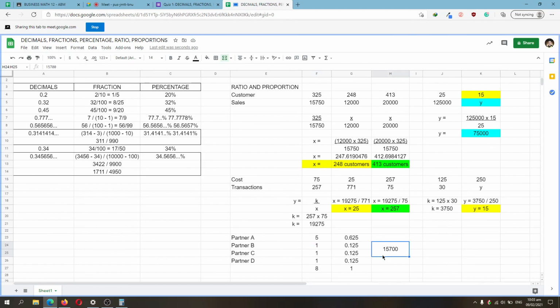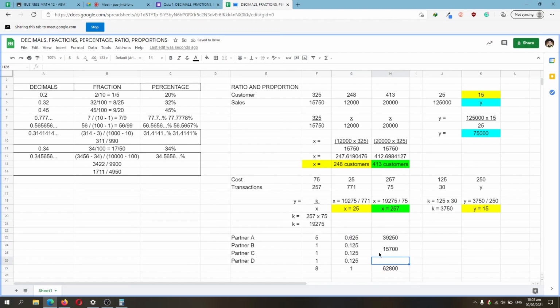Tapos ito daw. So, dapat ang total is 15,700. So, paano natin kukunin? Madali lang. That is, kunin natin itong 15,700. I-divide natin doon sa proportion. So, ang proportion yan is 2/8. Diba? So, since 2/8 ang 15,700, kasi si B and C daw yun, magkano yung ating total net income? 62,800. So, since 62,800 yan, i-multiply natin doon sa proportion ni A, that is 39,250.